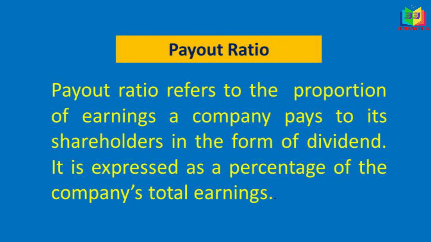Payout ratio refers to the proportion of earnings a firm pays to its shareholders in the form of dividend, and it is expressed as a percentage of the company's total earnings.